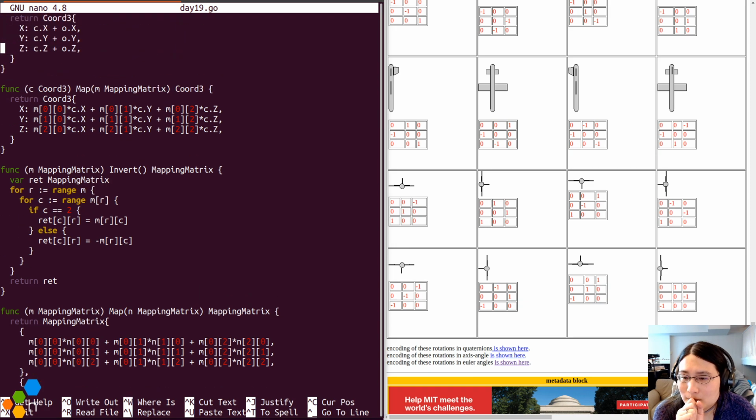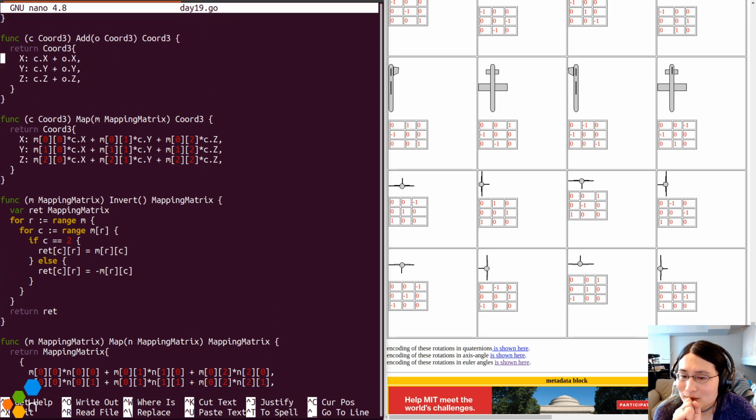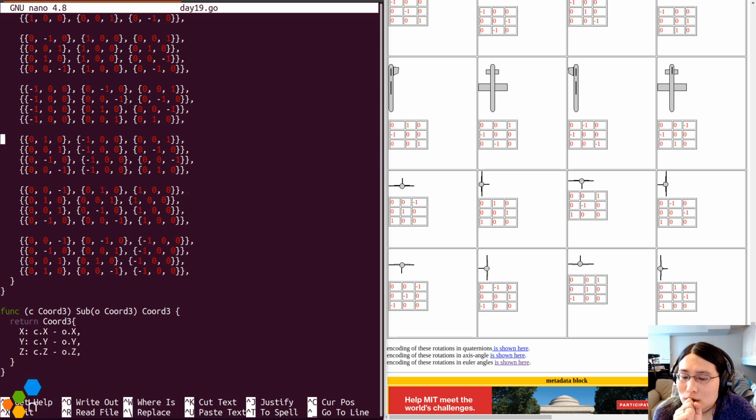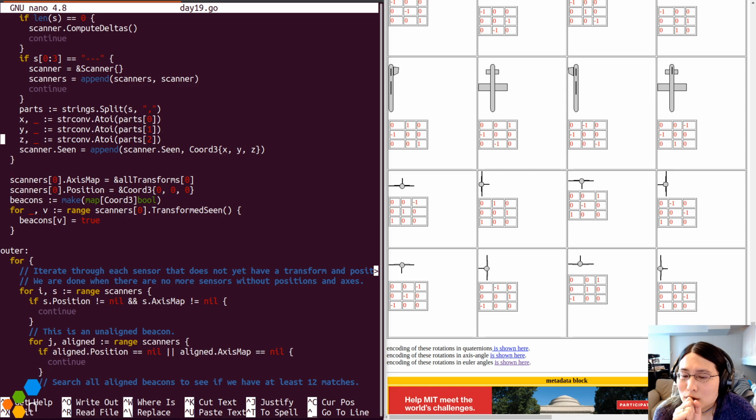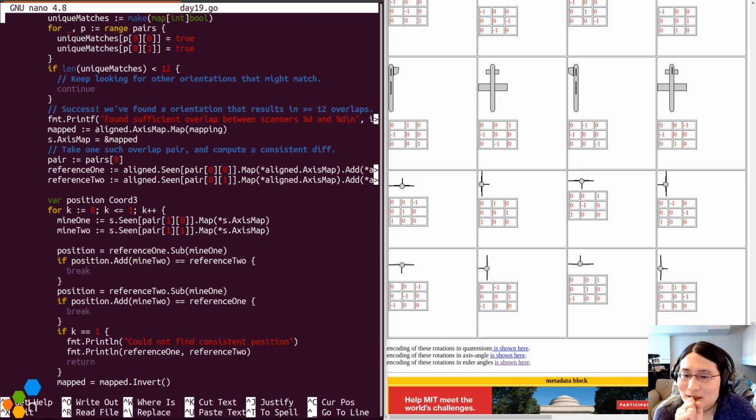Okay, now, is there the possibility that I have messed up my matrix multiplication in a way that works for one input but fails on the other? Is my subtraction doing what I expect it to be?